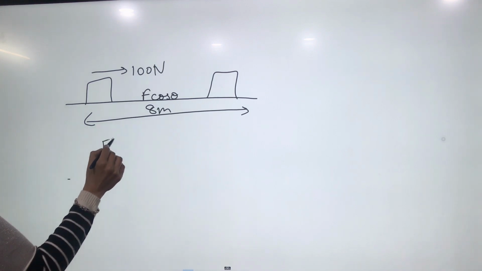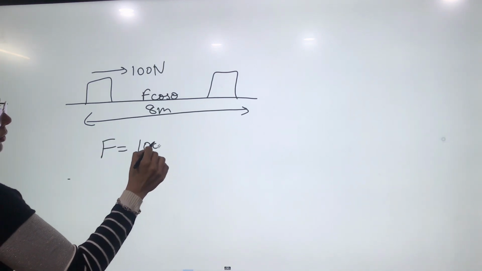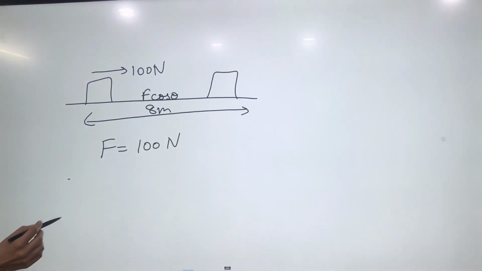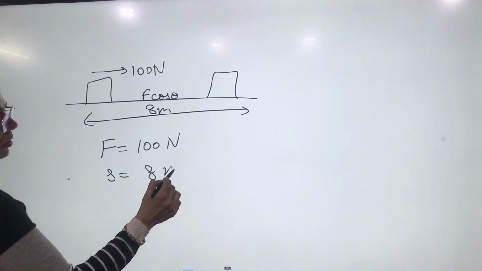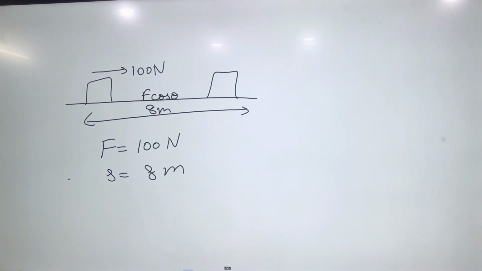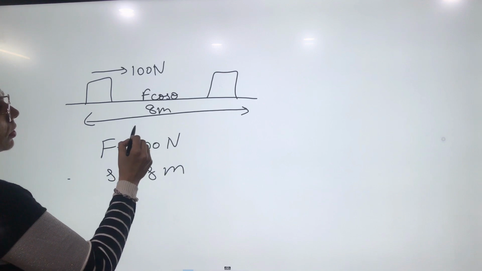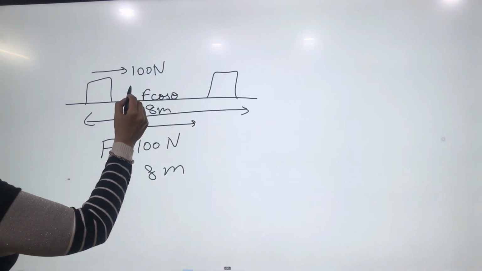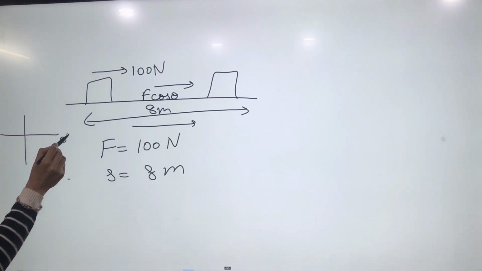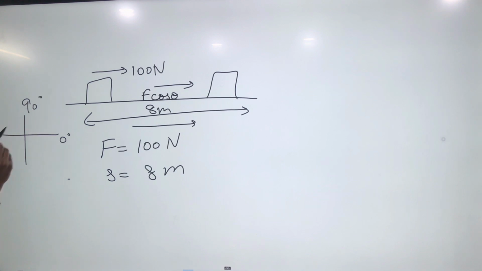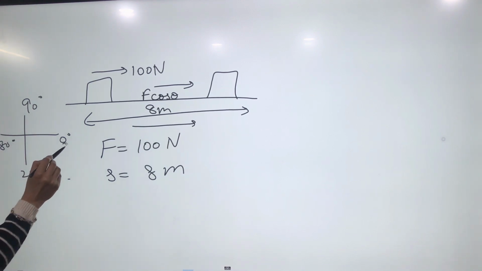Here force is given to us, that is 100 Newton. Displacement S you can take here, that is 8 meter. The displacement and the force are in the same direction. Same direction means 0 degree, 90 degree, 180 degree, 270 degree, and again 360 degree.